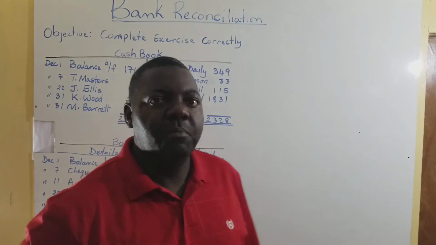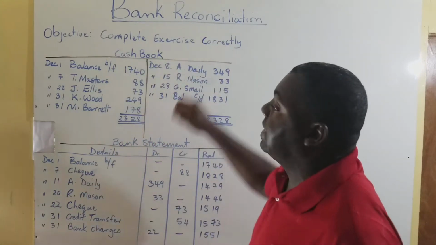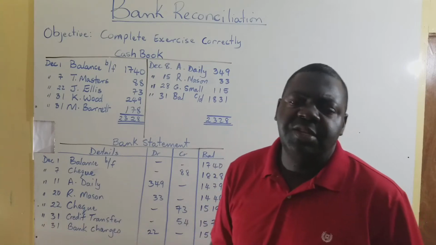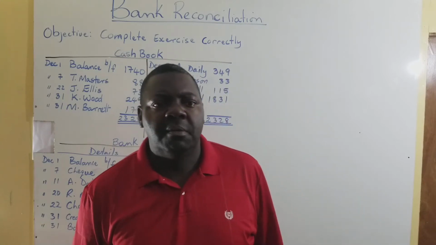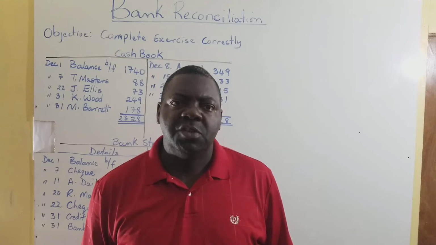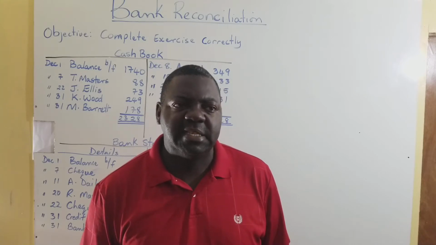We have completed the first segment of the bank reconciliation statement, and it was our intention to clarify the concepts in relation to the tips that one should understand or learn in dealing with bank reconciliation statements.